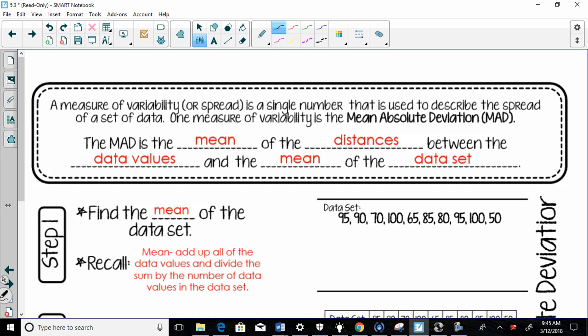So how we do this is first we find the mean of the data set. Since we are going to be working with outliers too, you can go to that purple sheet, click stat, edit, and enter your data points. Or you can add them all up right here and divide by the number of data values you have in your set. However you want to do it, you can add them up and divide by how many numbers, or you can do that stat edit.